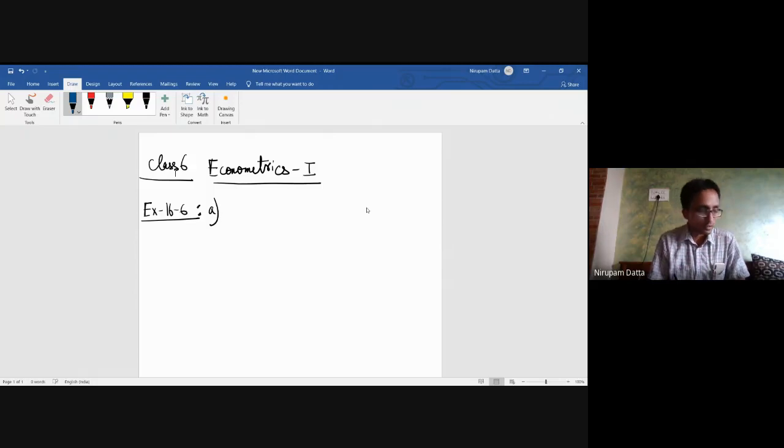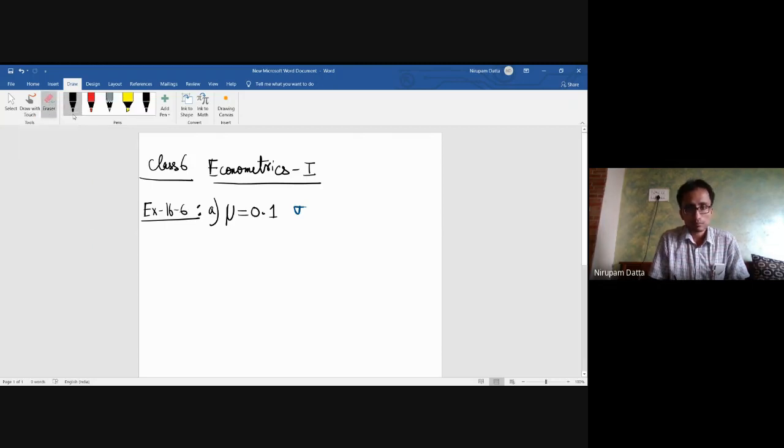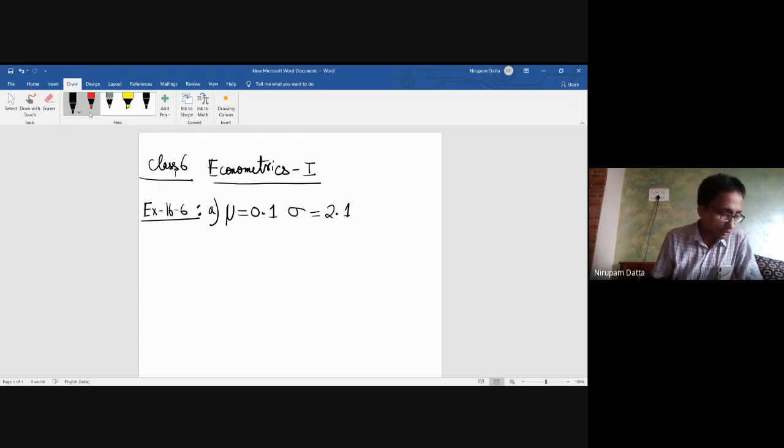One part is this: there is a population mean, that is mu equal to 0.1, and population standard deviation, that is sigma, equal to 2.1.